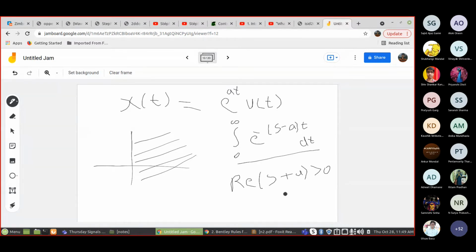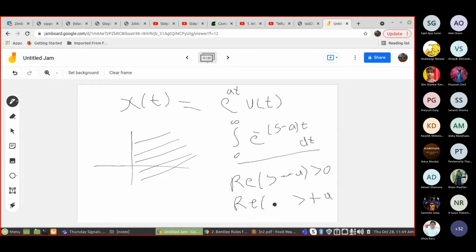So in other words, if the real part of s is strictly bigger than minus a, the integral will always converge. Here it shall be S minus, yes, minus a. And here should be plus a.